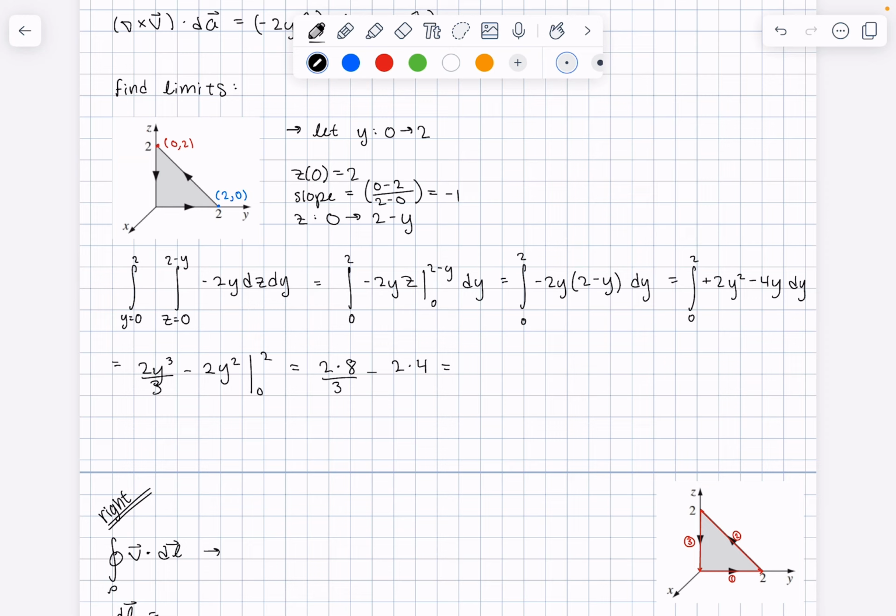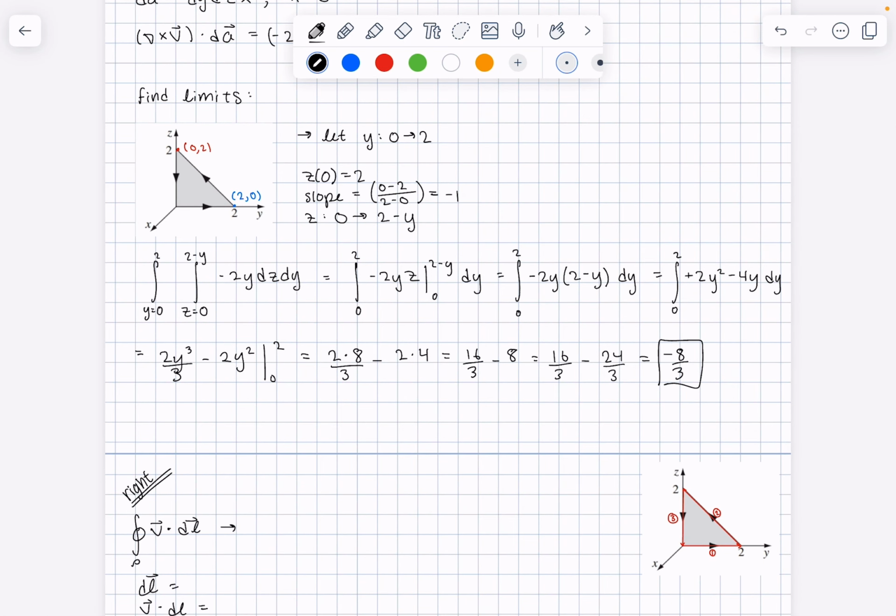So we'll have 16 over 3 minus 8. And we can rewrite that as 16 over 3 minus 24 over 3, which gives us negative 8 over 3 as our final answer when we are using the left-hand side of Stokes' theorem.